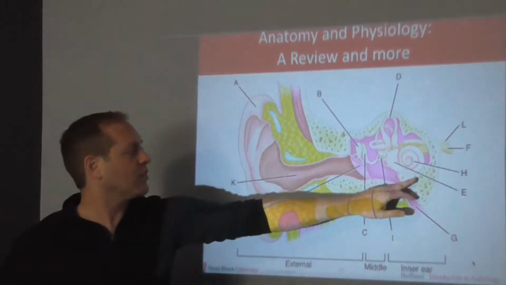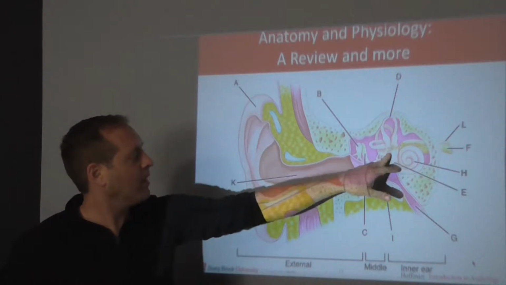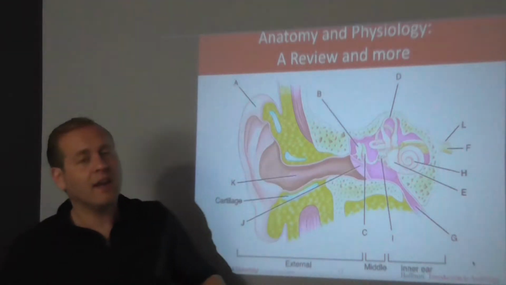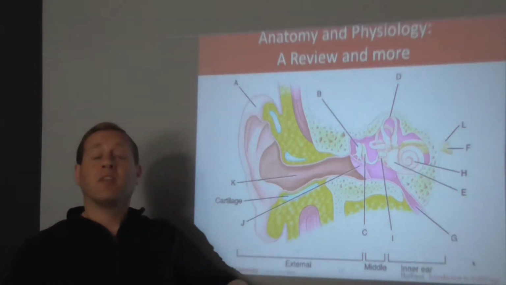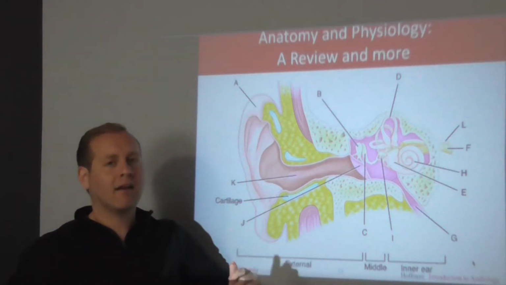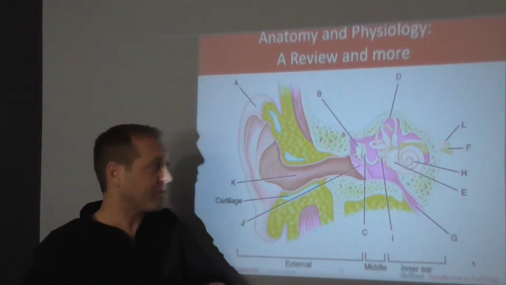The whole structure, okay, including this coiled part down here, this large middle section here, and these 3 rings over here, that entire structure is known as the bony labyrinth. The entire inner ear is housed in this bony labyrinth, okay?